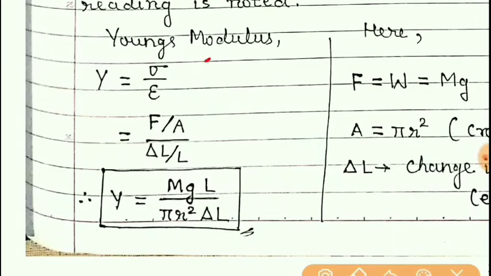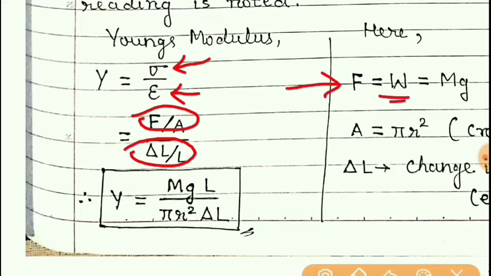And so putting sigma is equal to F by A and epsilon is equal to delta L by L, but F is equal to weight, which is mg. So in place of F we have kept mg. This L will come to the numerator.